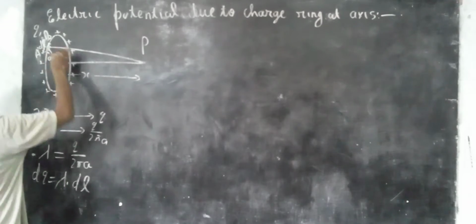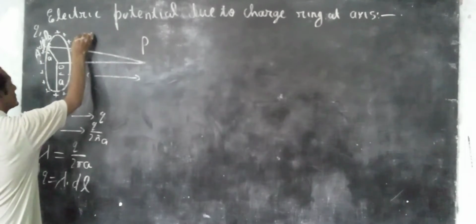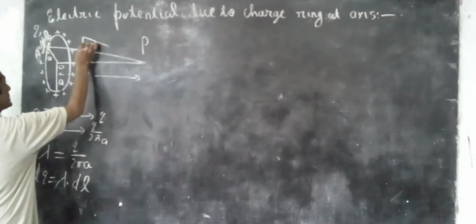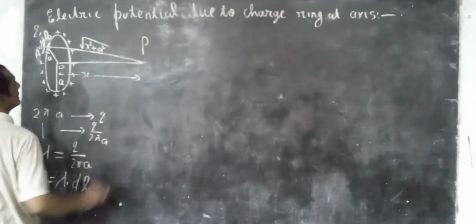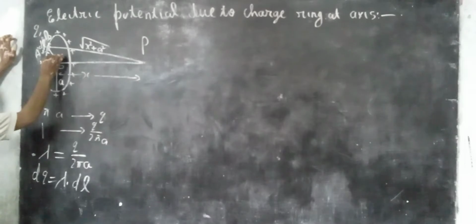This distance is a, this is x. So this distance will be root of x square plus a square. This is your 90 degree.